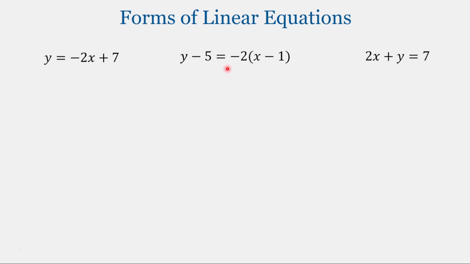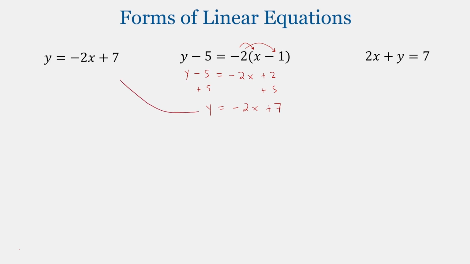For example, if we start with this middle one, we can use the distributive property to get rid of these parentheses. So now we have y minus 5 equal to negative 2x plus 2. And then we'll add 5 to both sides. We get y equal to negative 2x plus 7.